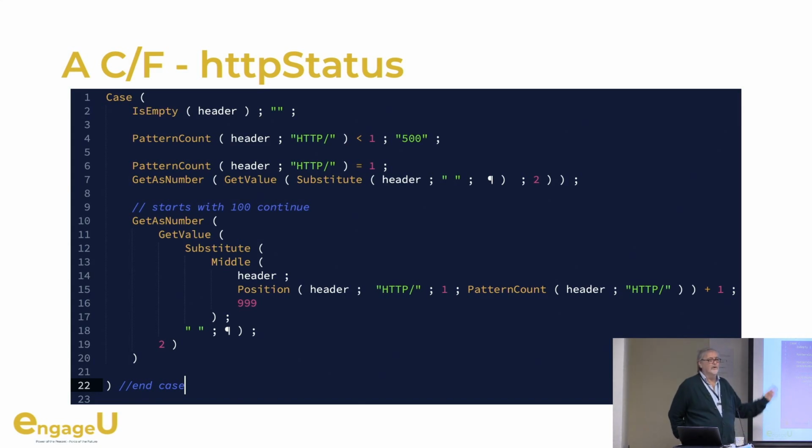Please write your own or copy mine, I don't care. If it doesn't have this in it, then it hasn't got a successful result, so I'm returning a 500 by default, which is, something's gone wrong. If there's only one HTTP/ followed by a number, then I'm going to assume that's right. But in certain cases, what you get back is something which has multiple headers, because the first one's a 100 continue, or a 301 gone somewhere else.